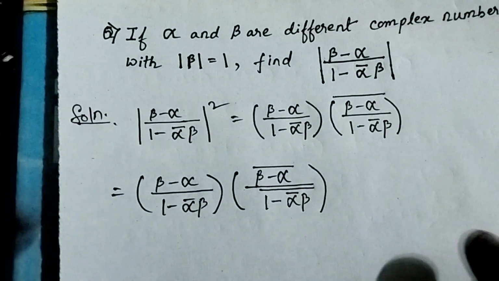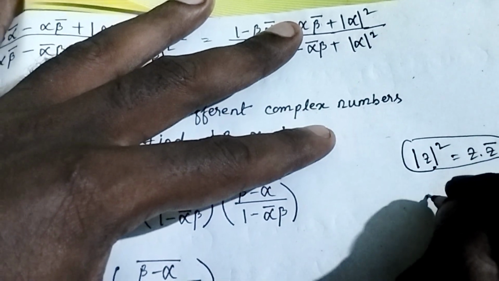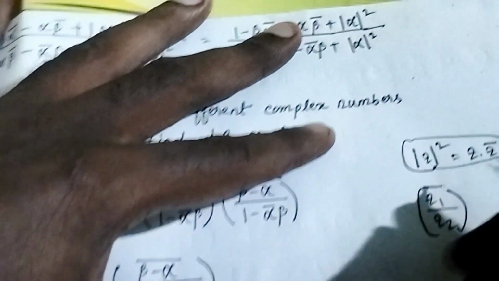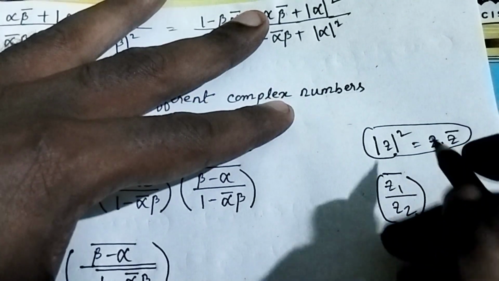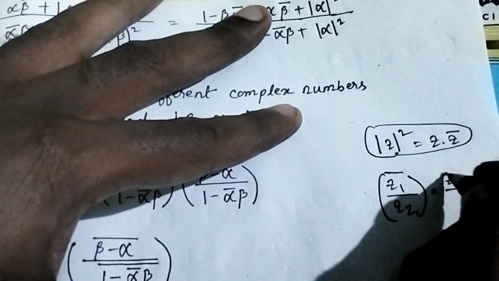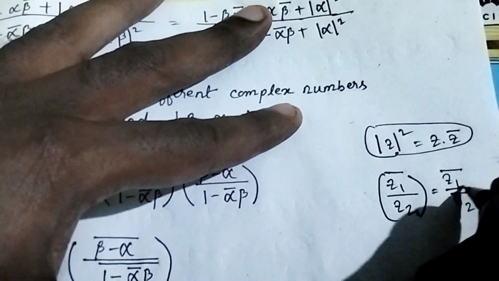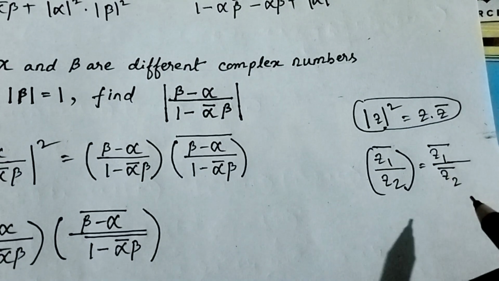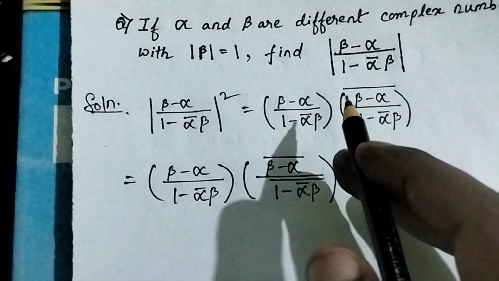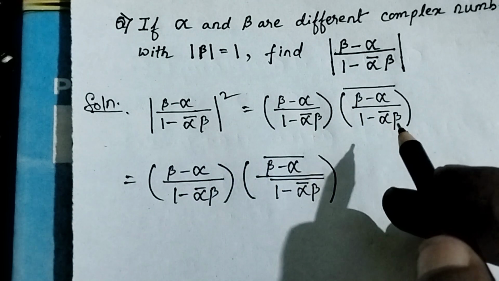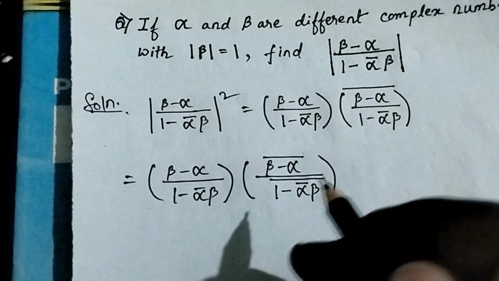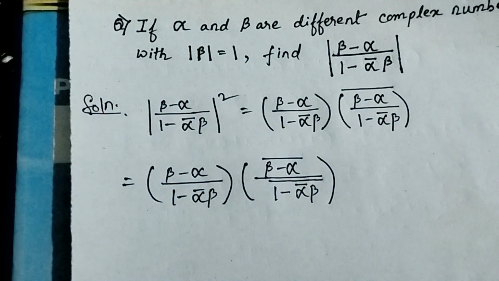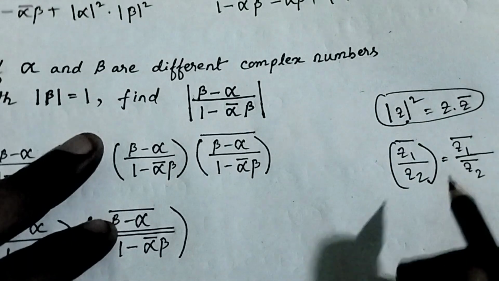Like you know, z1 by z2 whole conjugate is equal to z1 conjugate by z2 conjugate. Similarly, beta minus alpha by 1 minus alpha conjugate beta whole conjugate will be (beta minus alpha conjugate) by (1 minus alpha conjugate into beta, this conjugate). Clear? We have used this formula.